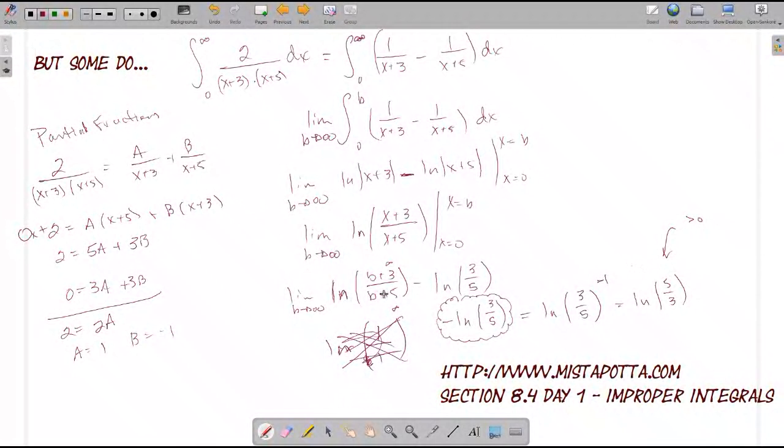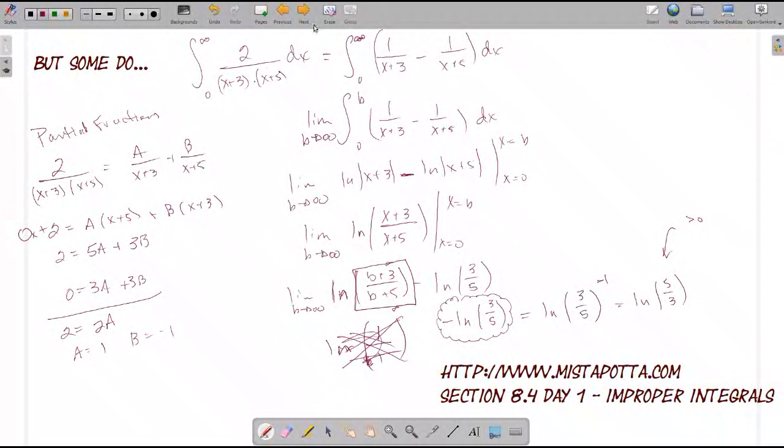And one of the key ways we saw to deal with those limits, especially an indeterminate form of infinity over infinity, was using L'Hopital's rule. So I want to do one more example here.